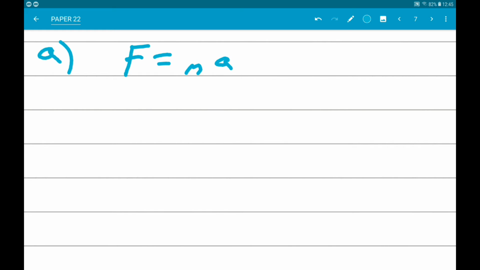So at P, we know that 0.8a, which is the force, is also equal to tension.